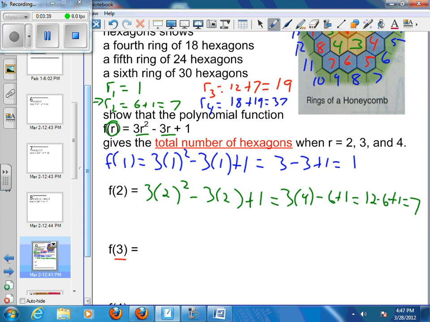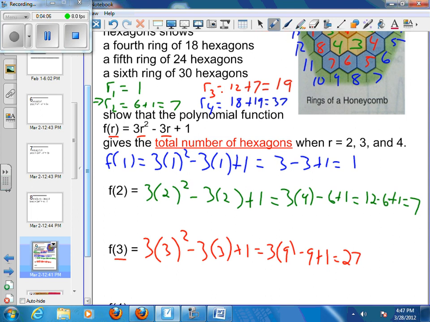So I'm going to fill the 3 in everywhere in my function where there's an r. So I'm going to fill it in both of those places. So that's going to be 3 times 3 squared minus 3 times 3 plus 1, which is going to be 3 times 9, because 3 squared is 9, minus 9 plus 1.